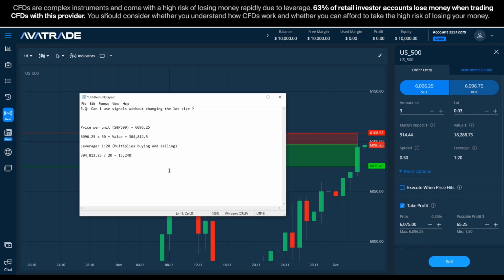Okay, oh, I almost forgot to write down here that we can simply divide value by leverage, and then we get the margin impact. Okay, necessary amount to open the position.